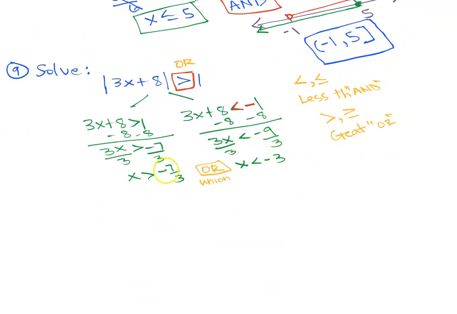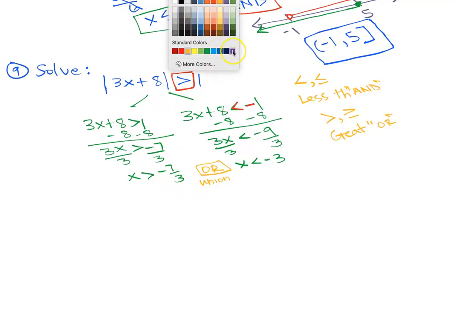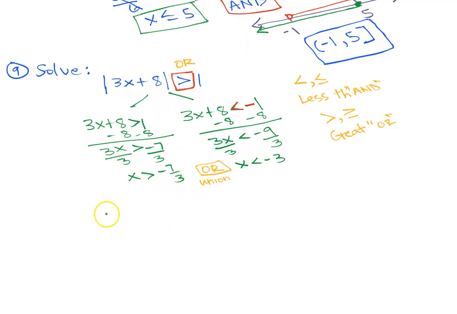Now, -7/3, you might want to change it to a mixed number just so you know where it's at on the number line. That sometimes can be helpful. 3 divides into 7 two times with 1 left over, so that's the same thing as -2 1/3. -3 is the furthest to the left here, but if you want to keep it as -7/3, you can.